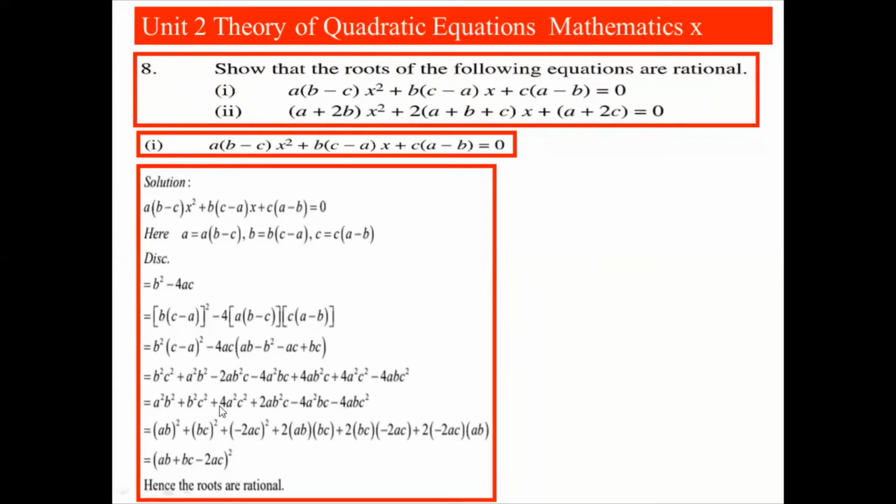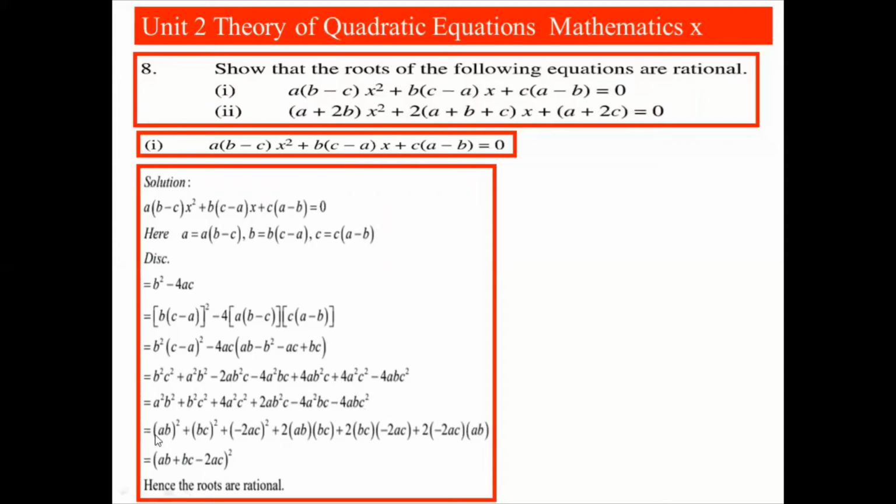When we take the square, this will be equal to this: 2bc, so b is bc, and plus 2 into ca. So we can write this as 2 into ca. We have to remember the formula (a plus b plus c) whole square, that is equal to a square plus b square plus c square plus 2ab plus 2bc plus 2ca.